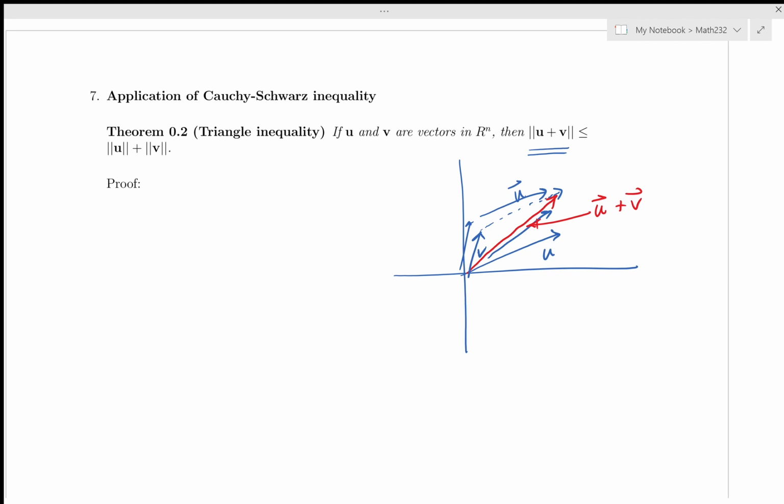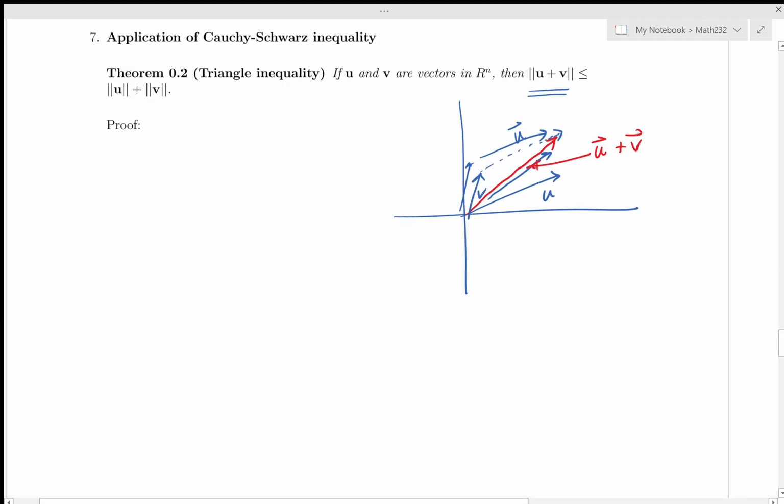Triangle inequality. And again, we sort of get our intuition and we see what's happening in 2 dimensions, and then we prove it for any value n that we like. So this is not just for 2 dimensions. We're here, and that is going to be equal to u plus v dot u plus v.